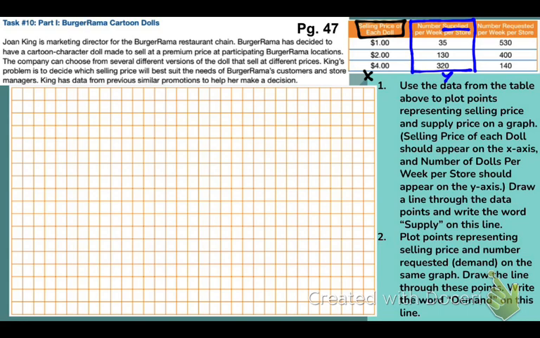Can our price ever be negative? No. Can our number of dolls that we're selling ever be negative? No. So if we can't have negative price and we can't have negative number of dolls, how should I draw my graph if I want it to always be positive?